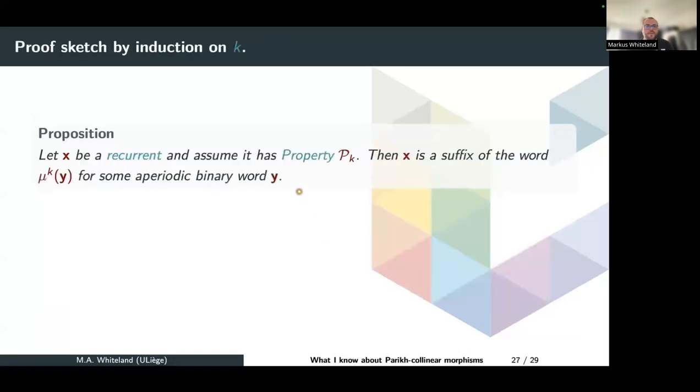And now, just to recall, what are we proving? We have a recurrent word, and we're assuming that its first k binomial complexity functions are equal to those of the Thue-Morse word. Then x should be the kth image of a binary word under the Thue-Morse morphism.